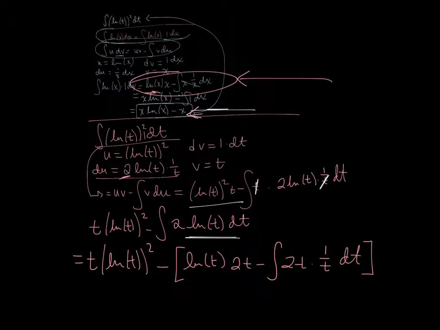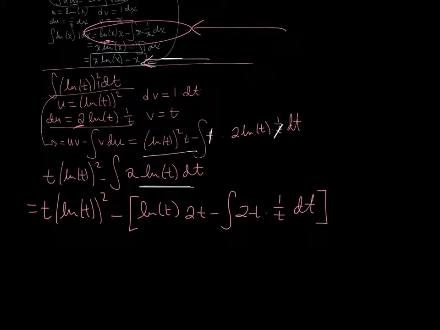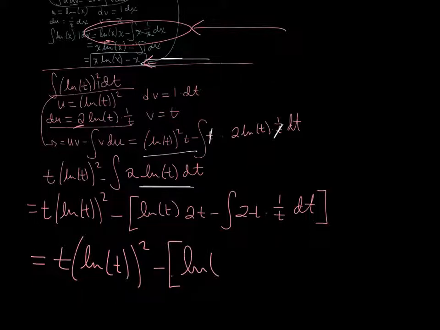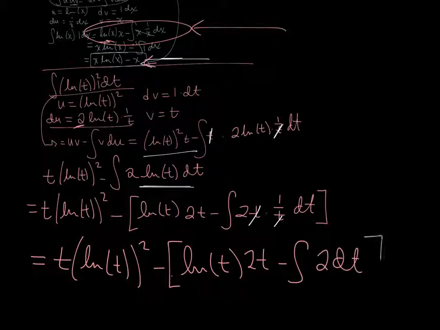So continuing right along, I'm going to end up with t ln of t squared, none of this stuff outside is changing, and then minus ln of t times 2t, so I don't do anything there, and then minus, in this case I might as well do some canceling, so I really just end up with the integral of 2 dt.